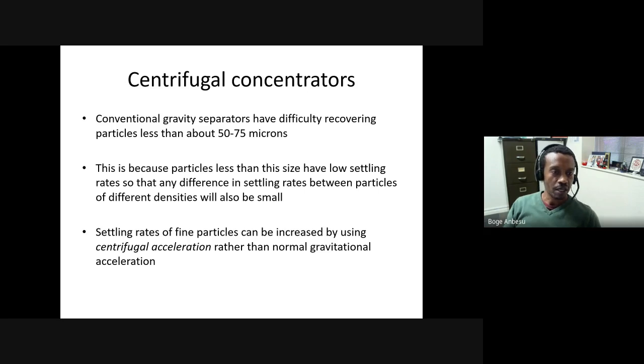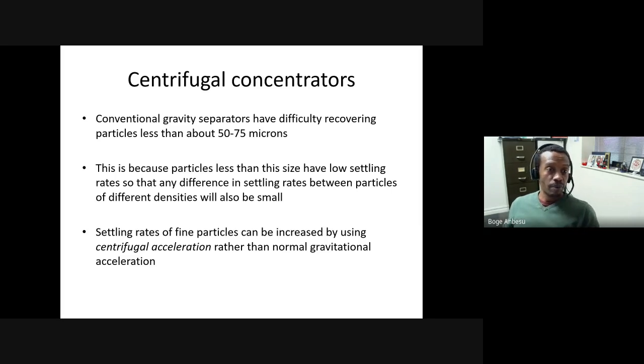So typically, let's say you have particles that are around 50 micron, 40 micron, 20 micron, and so on. Those are actually fine particles. Even for those particles, unless you use something like a centrifugal concentrator, most gravity separations shouldn't even be considered because they will just give you very poor performance.